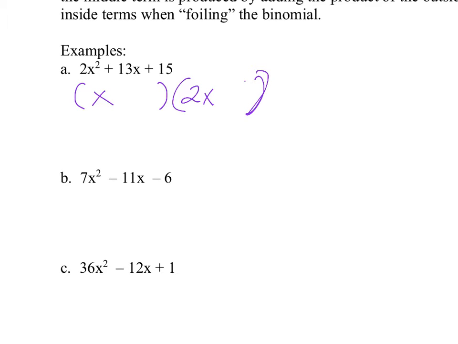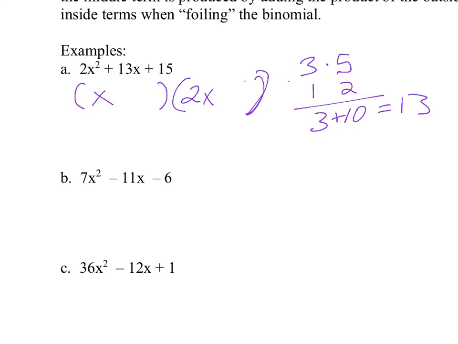So how I always say this to myself is factors of 15 that combined with the factors of 2 add together to get 13. Well, 15 is 3 times 5. If I multiply 5 times 2, I get 10. 3 times 1 is 3. I add these together, and I get 13.